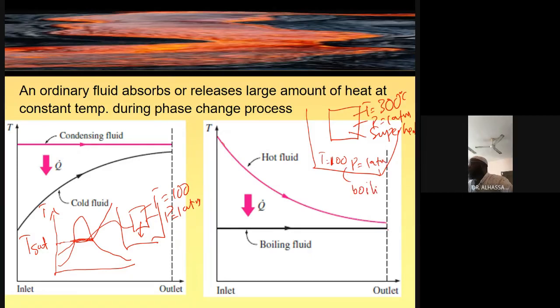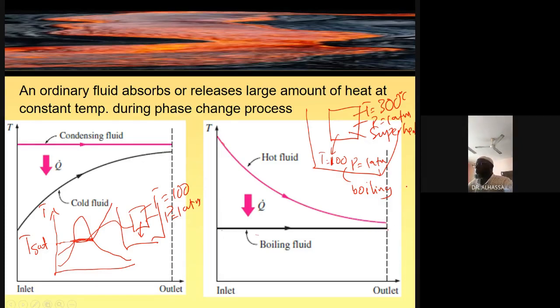There will be heat transfer from the superheated fluid to the boiling water. The temperature of this boiling water will remain the same because there is more liquid, so we'll have a constant line like this. But at the superheated state, the temperature of the superheated fluid will be decreasing in this way.